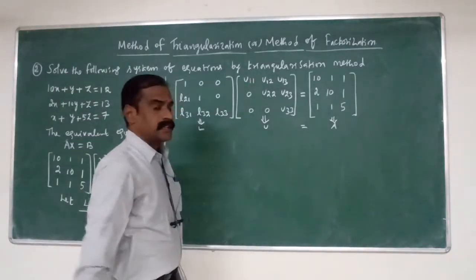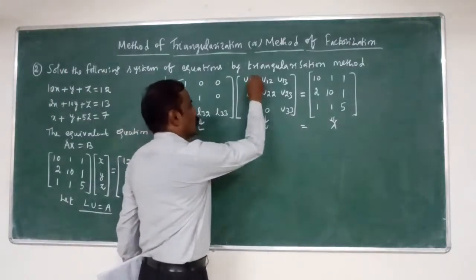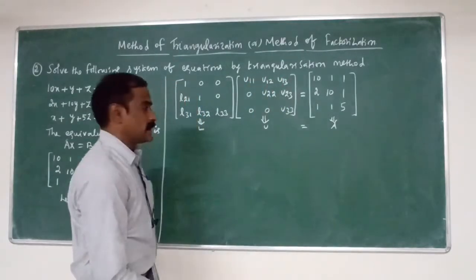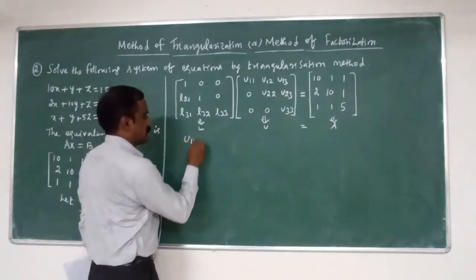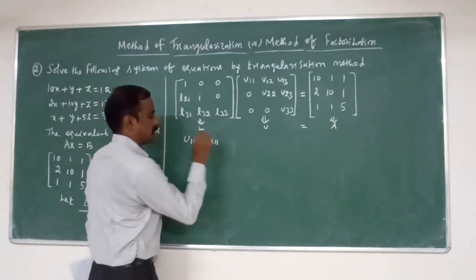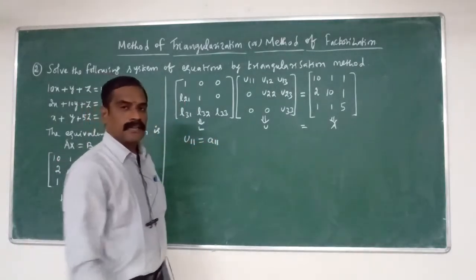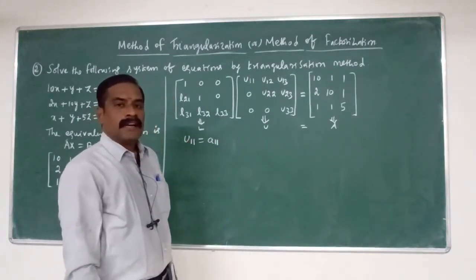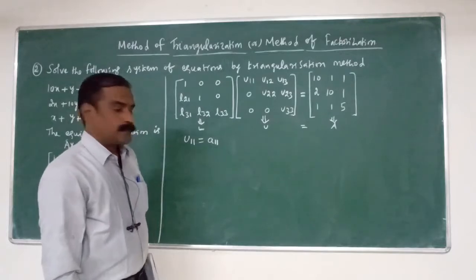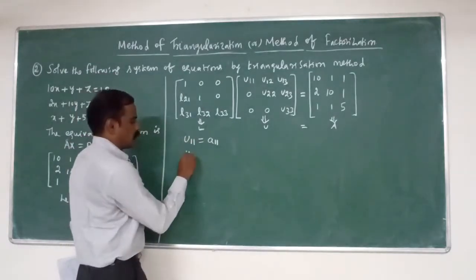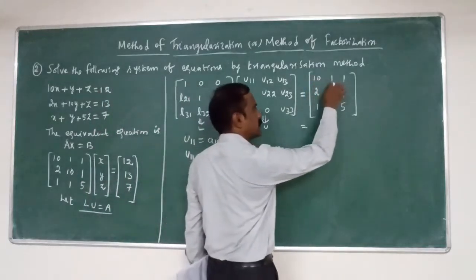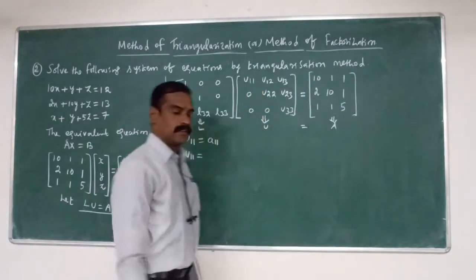First to find out the U11 value, U12 value and U13 value. Here U11 equal to A11. This is the formula. You refer to the previous topic or previous video. This is the A11 value, A12 value, A13 value.